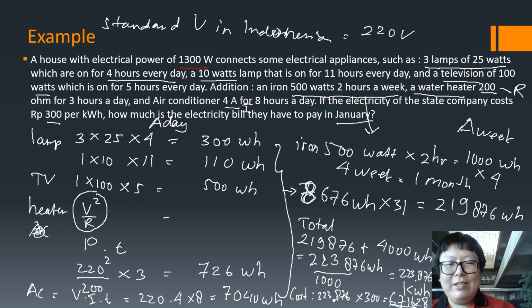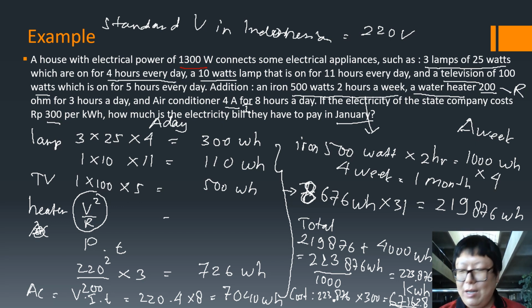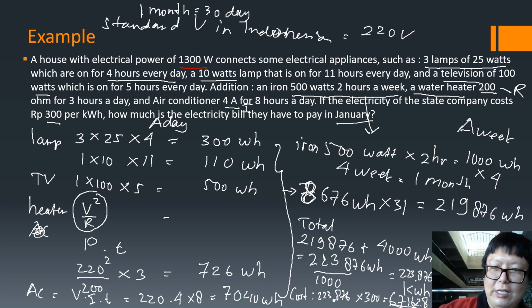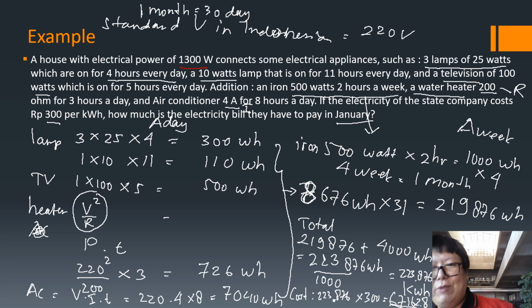Okay, yeah? So remember guys, you have to count in a month. This is the one that I usually find mistakes in. If there is no information on how many days in a month, then we assume that 1 month is 30 days. But this question tells us about January, then you can check in the calendar, January is 31.